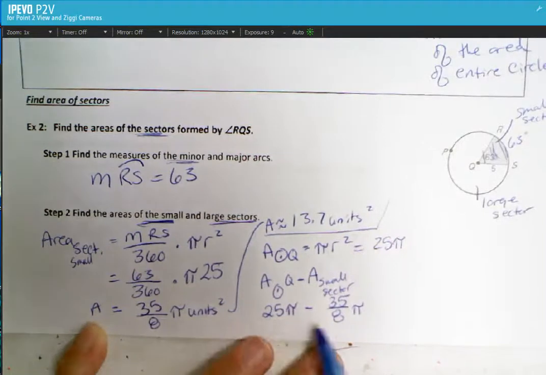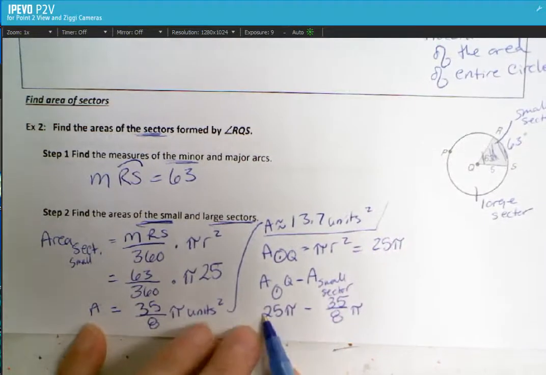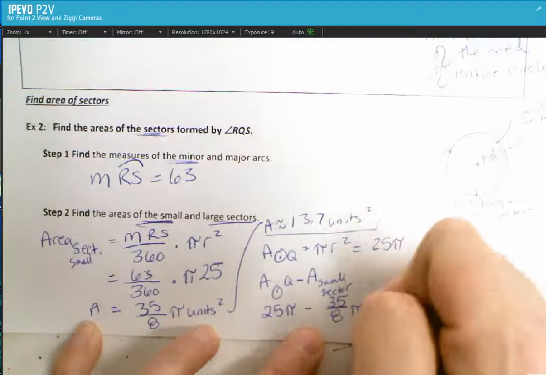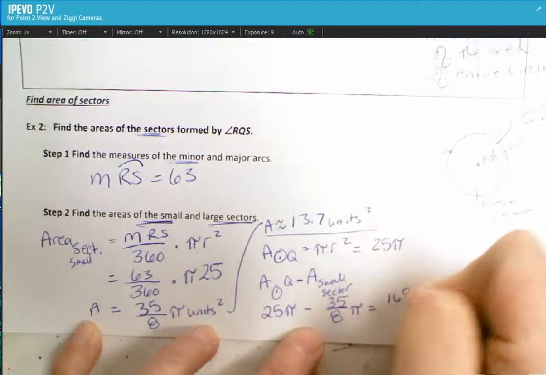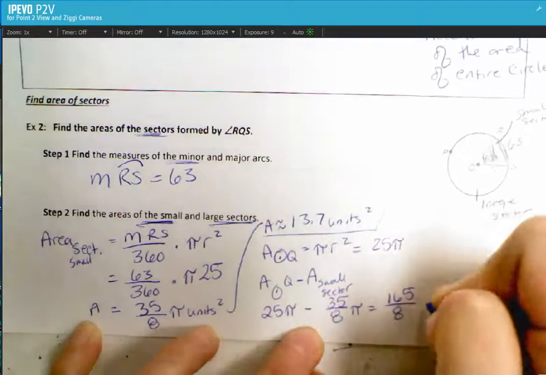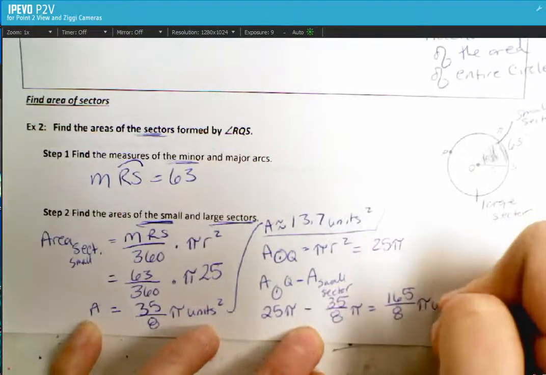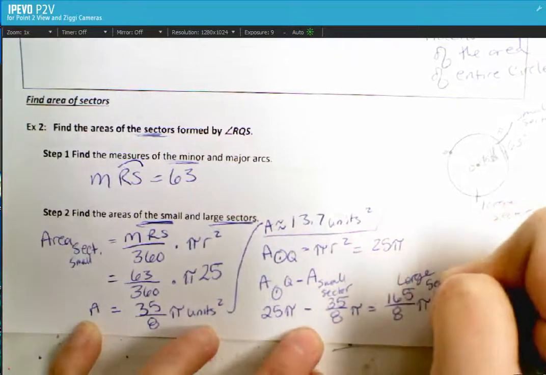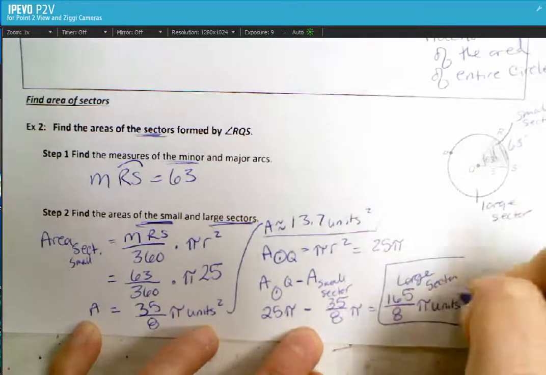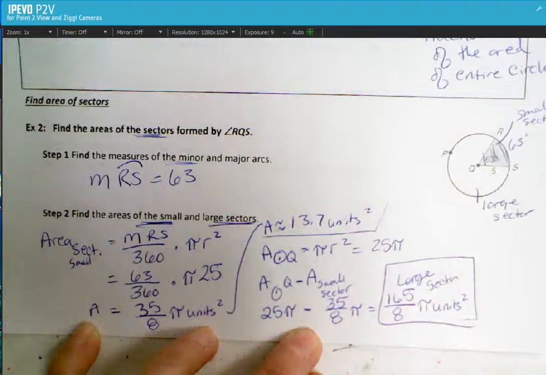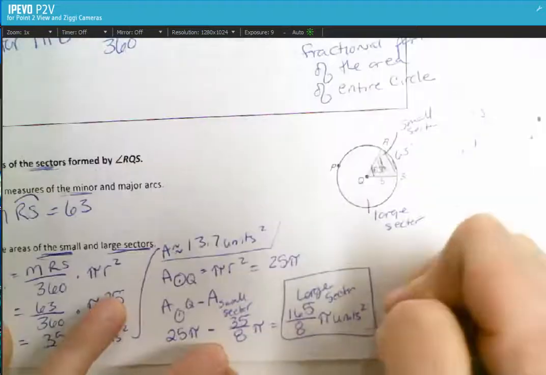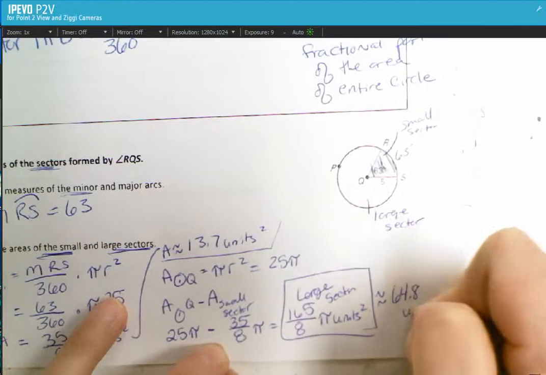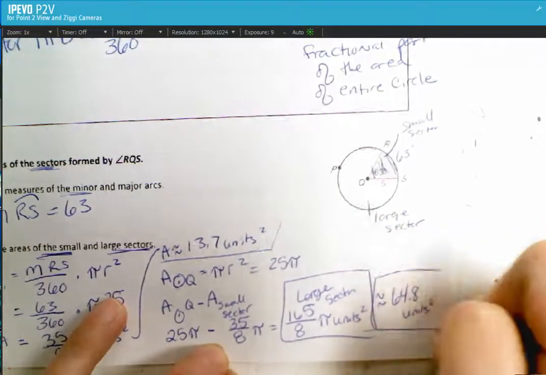I need a common denominator of 8, so I multiply 25 by 8. 25 times 8 minus 35 is going to equal 165 over my denominator of 8 pi units squared. So this is my large sector. I can approximate that, which is approximately 64.8 units squared.